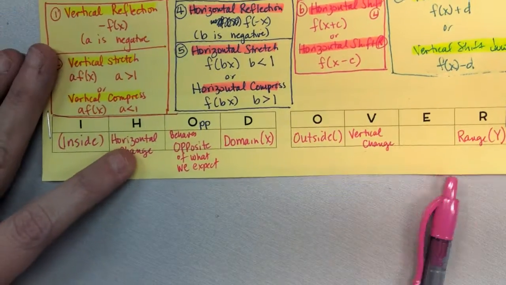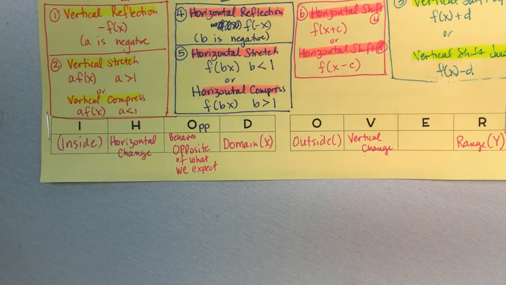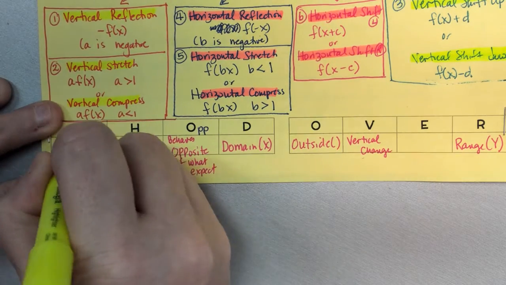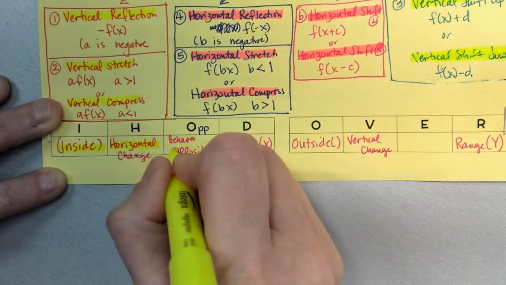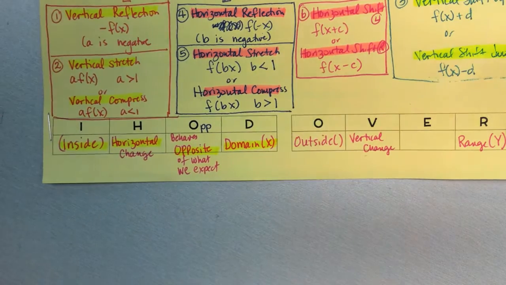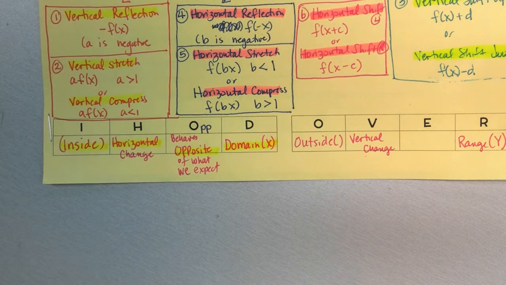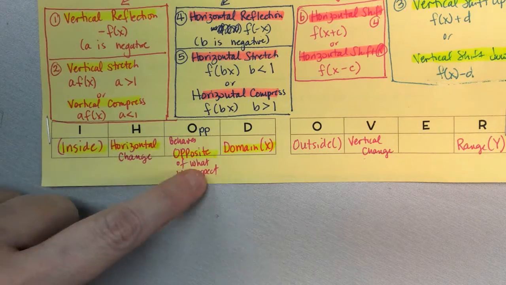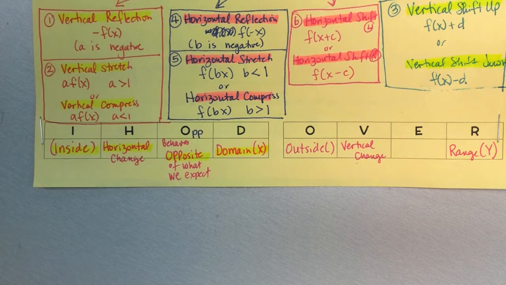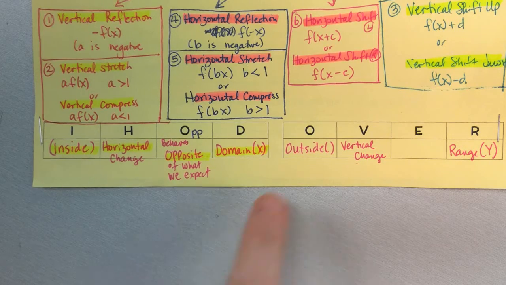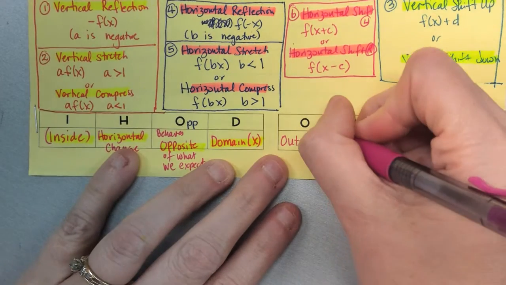Okay? Remember opposite. Like the children of the corn. Oh my God, you guys have been children of the corn lately. Okay? So inside, horizontal, opposite, domain. That's what IHOD stands for. Inside, horizontal, opposite, domain. IHOD. What's that word for O? Opposite. Outside, and it's got parentheses next to it.